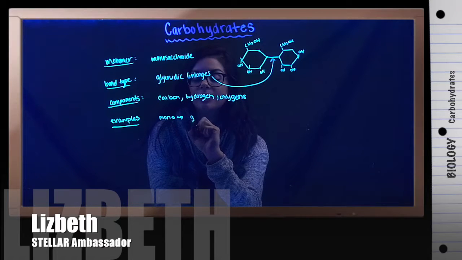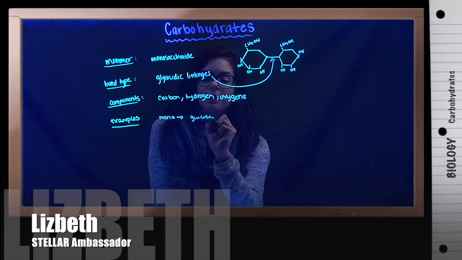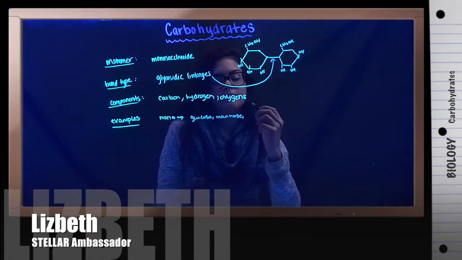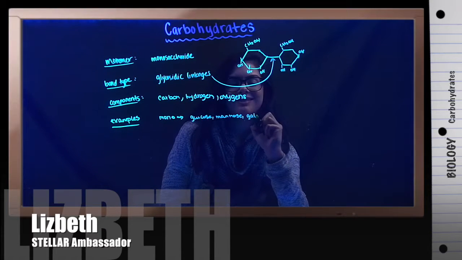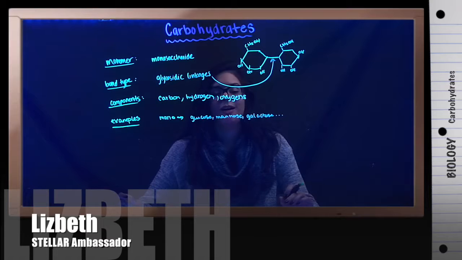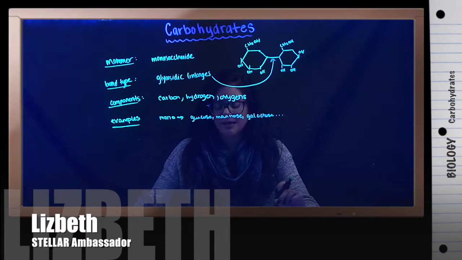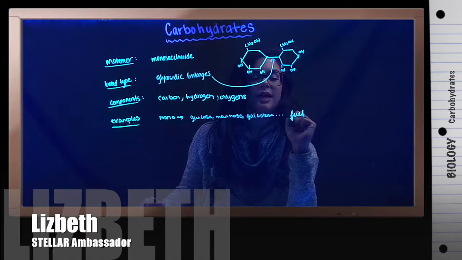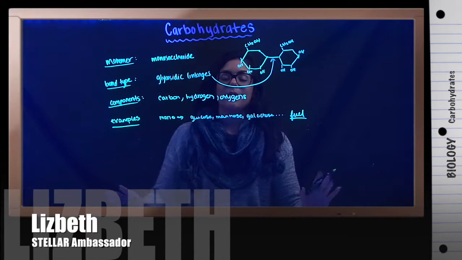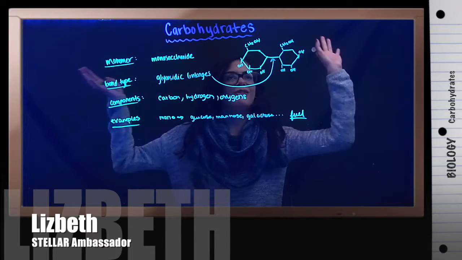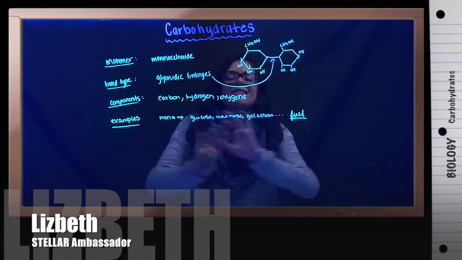So this would be just like a glucose, mannose, galactose, etc. There's a bunch of sugars, so just keep in mind. And the main function of these is for fuel, right? So they're what fuel our bodies. When you give a little kid sugar, what happens? They go crazy. They start jumping off walls, and next thing you know, it's just not a good time.